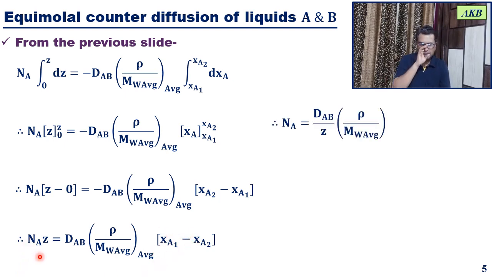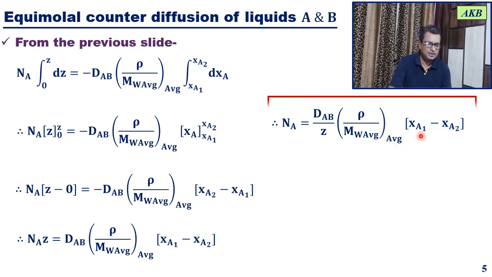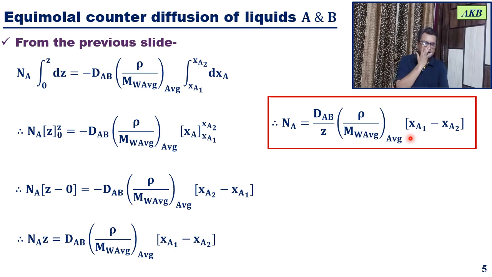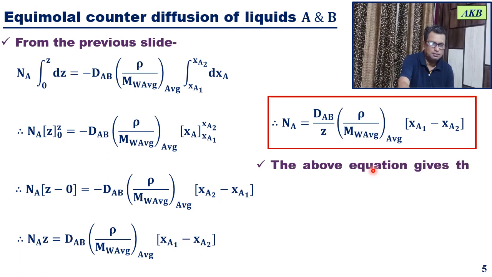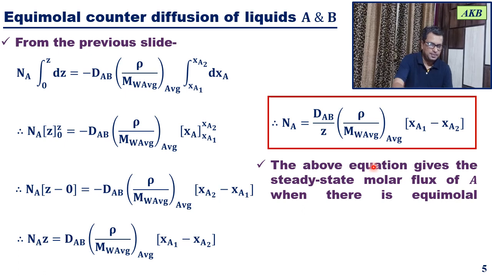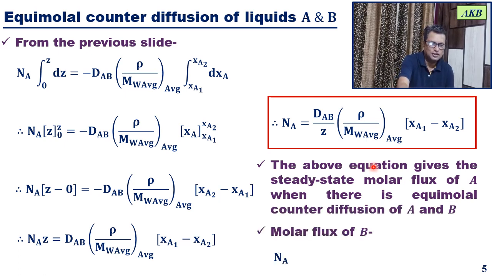Finally we can bring this z on this side and you get this equation: Na is equal to DAB upon z, rho upon MW average, the average value, times xa1 minus xa2, and that is the final equation that you can use for calculating the molar flux of A if there is equimolal counter diffusion of A and B. The above equation gives the steady state molar flux when there is equimolal counter diffusion. How to get the molar flux for component B?